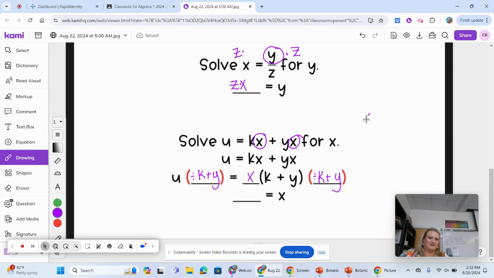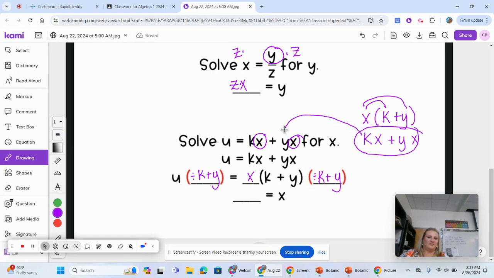Basically, I undistributed it. So I'm just going to write x times k plus y. I'm just going to show everybody that this is what it ends up being whenever I distribute. That ends up being x times k, so kx, and then y times x, which is yx. And this is what we originally got over here.